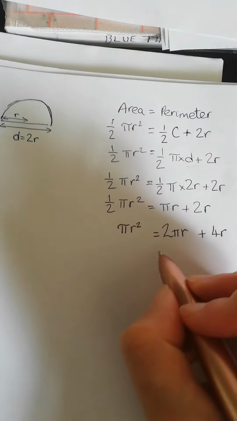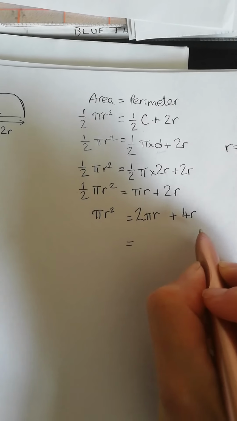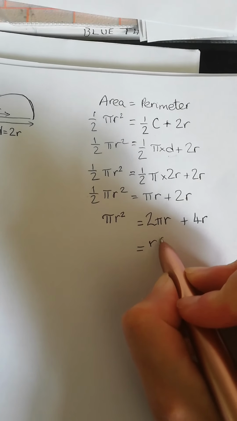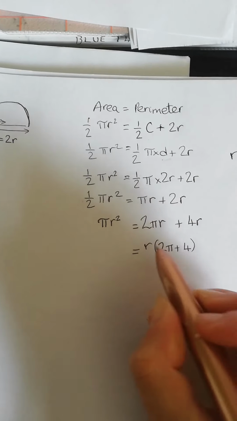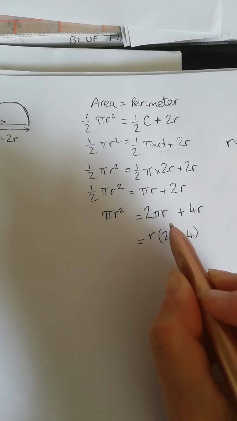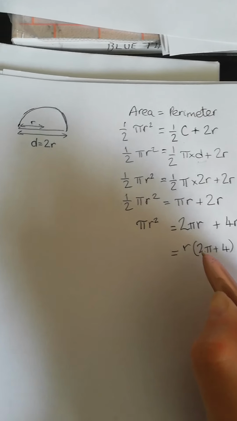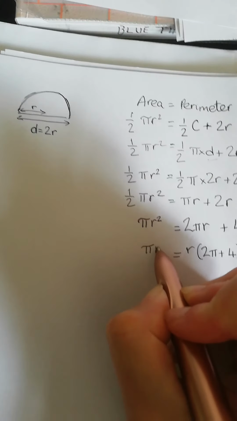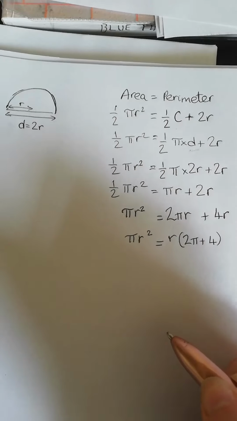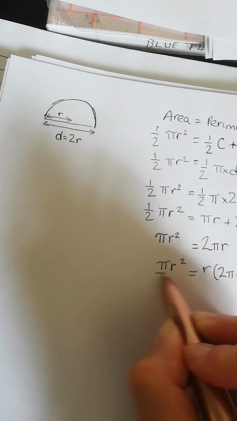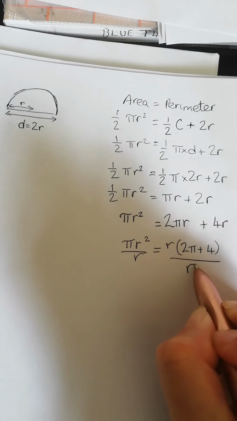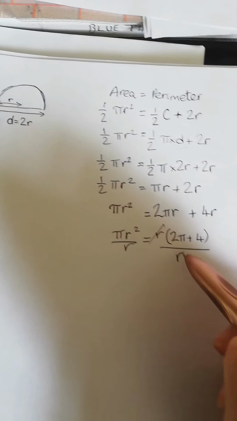So what I'm going to do is I notice that on this side I can take out a common factor of r. Now, I could take out a common factor of 2 as well, but that's not going to help me, so I'm not going to do that. And on this side we've got pi r squared still. Now, we're trying to make this into an r, so if I divide both sides by r, then that'll cancel with that.